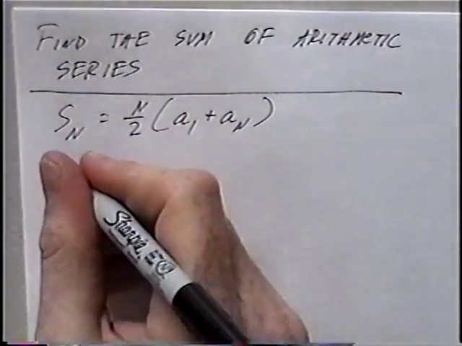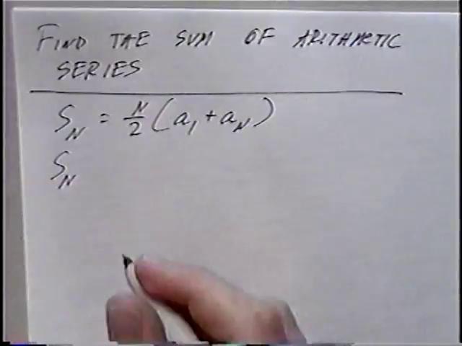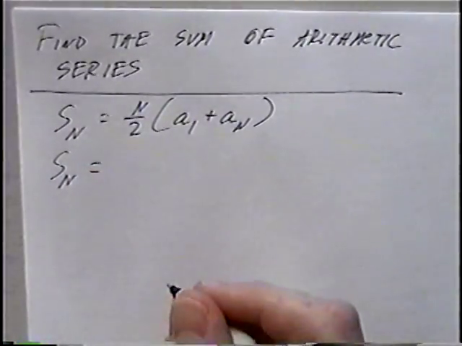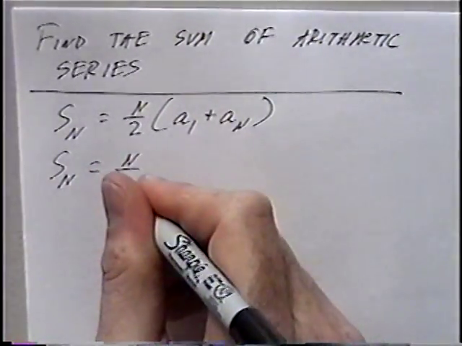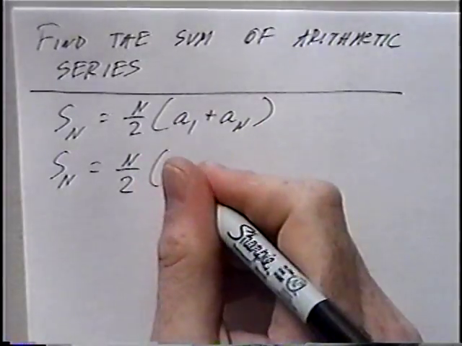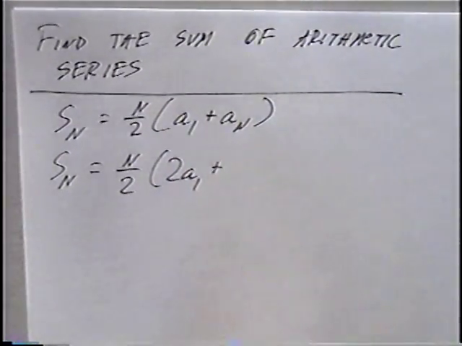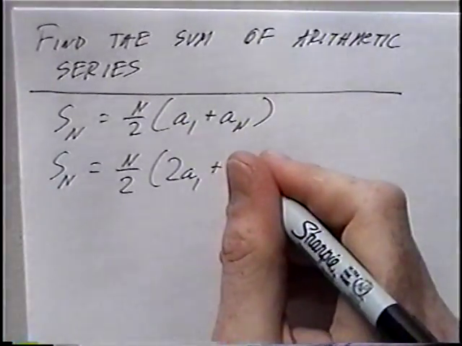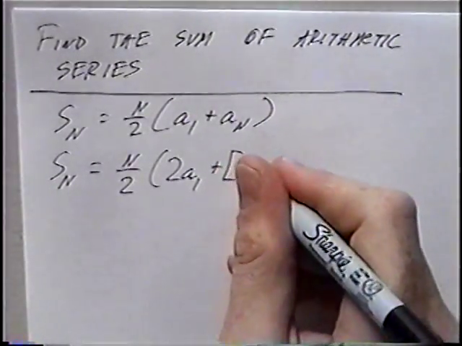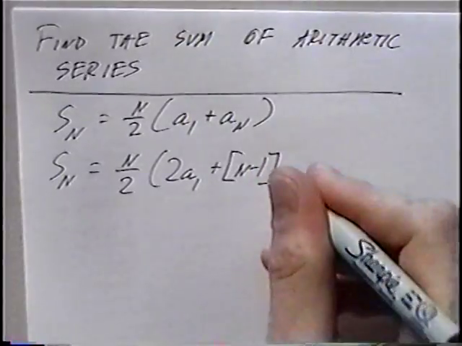A second formula that we can also use to find the sum, or S sub n, would be n over 2 times, in parentheses, 2 times a sub 1 plus, in brackets, n minus 1 times d.